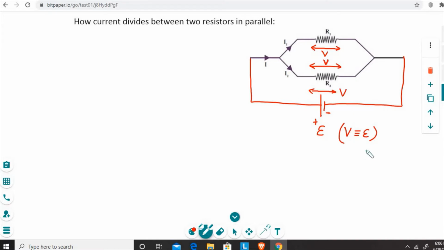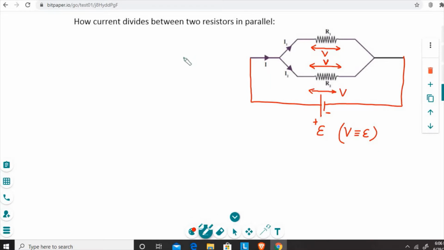This is a very important thing when resistors are connected in parallel. You can have any number of resistors connected in parallel, but the voltage across all those resistors will be the same.